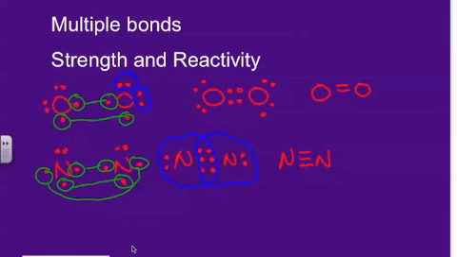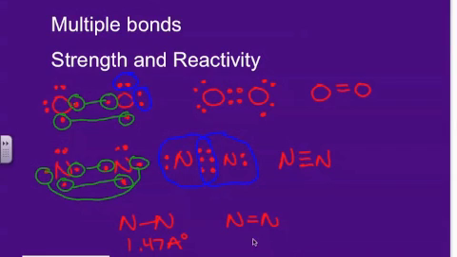One thing to consider is that when the distance between the 2 nuclei of bonded atoms is smaller, the strength of the bond becomes greater. So if I were to take nitrogen, if, for instance, a nitrogen only had a single bond between them, this would be a distance of 1.47 angstroms.